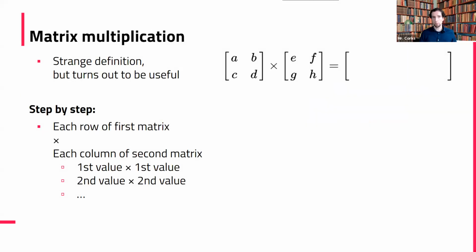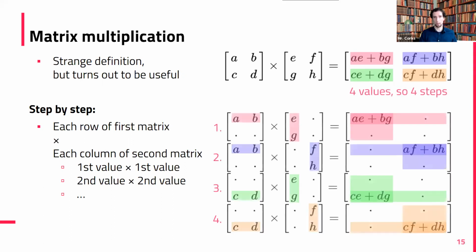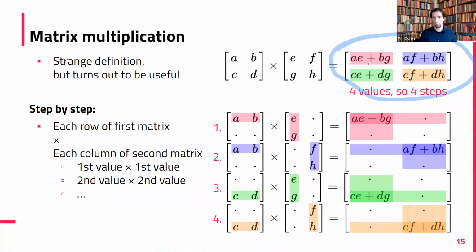So matrix multiplication. I gave a long, careful explanation of this last time, so I'll just give a brief version right now. It's a little weird. It's not what you would necessarily guess if you were to guess what it means. We have 4 positions in this case, 4 different values that we have to calculate.